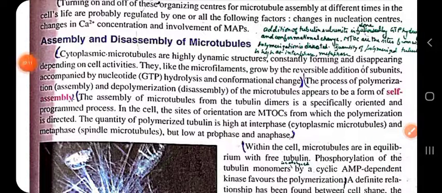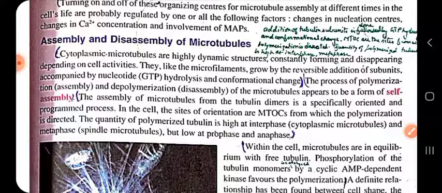Now let us see about the assembly and disassembly of the microtubules. How assembly and disassembly is carried out. It has been mentioned here that addition of the tubulin subunits is carried out by GTP hydrolysis and a conformational change.